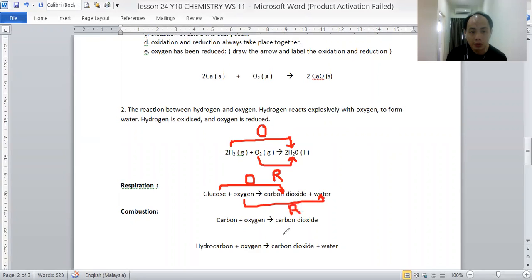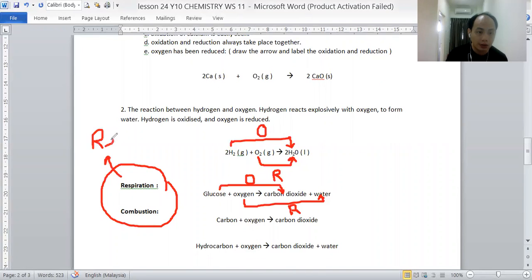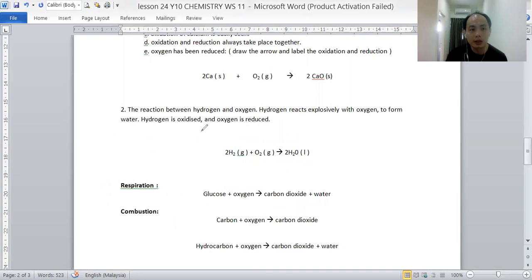So as these two, combustion also involves oxidation and reduction. We will further discuss in the future. So why I give you these two examples? Respiration and combustion, they are actually redox reactions involving reduction and oxidation. Redox.